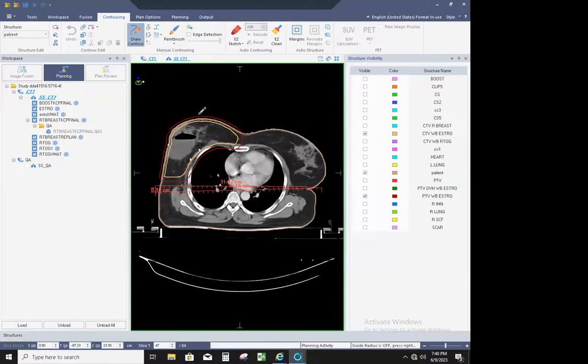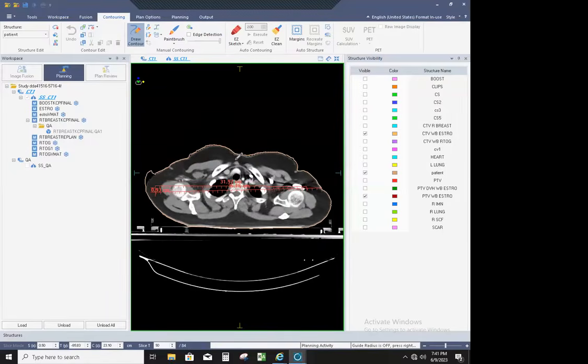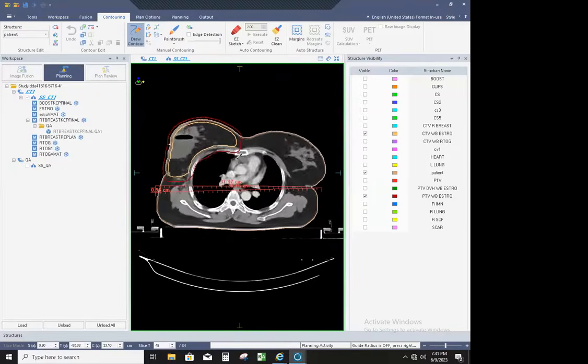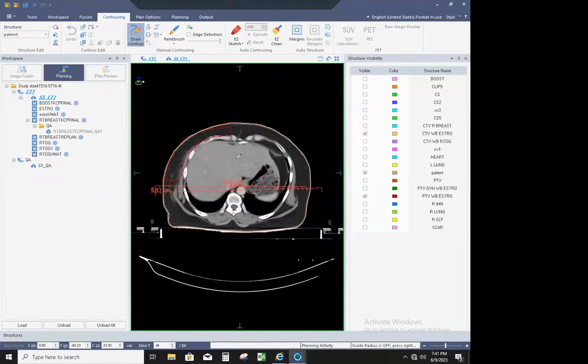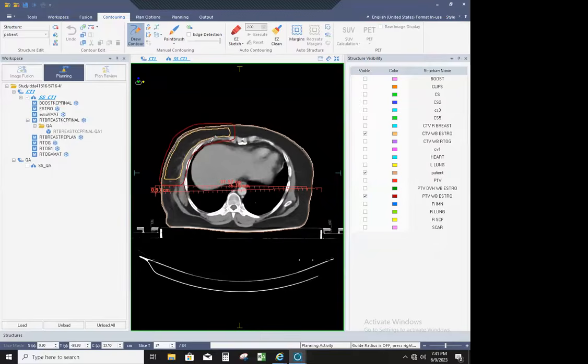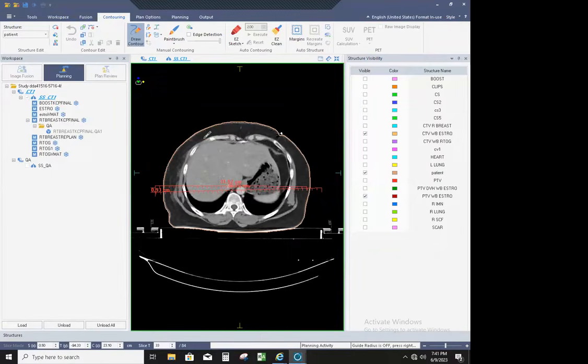So this will be your breast contouring, and the upper border and lower border are also important. We usually put a clip 1 centimeter below the opposite breast, and we contour that clip area as the lower border.